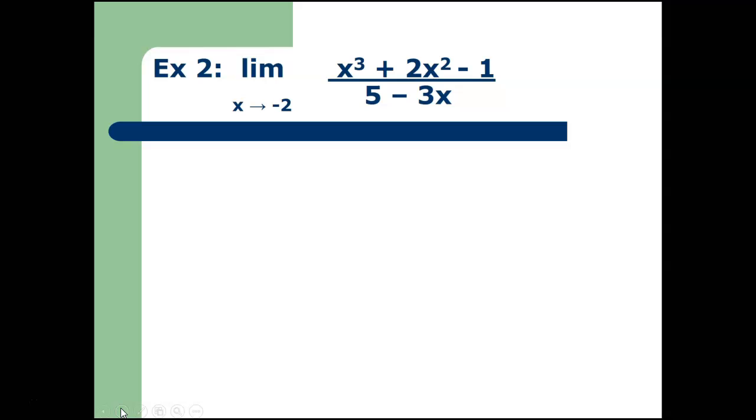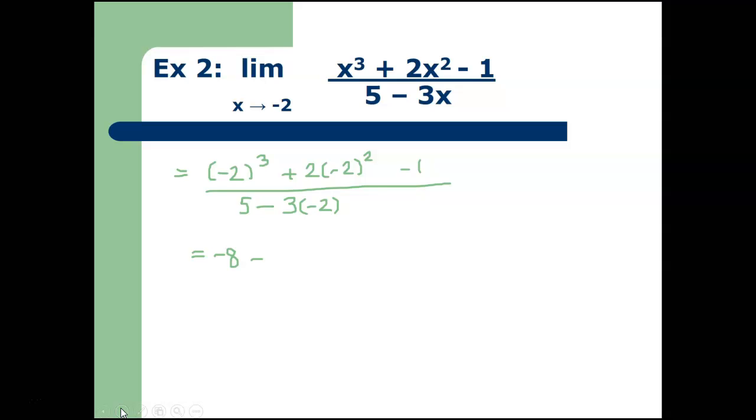In this case, if you plug in -2, we get -8 plus 8 minus 1 over 5 plus 6.